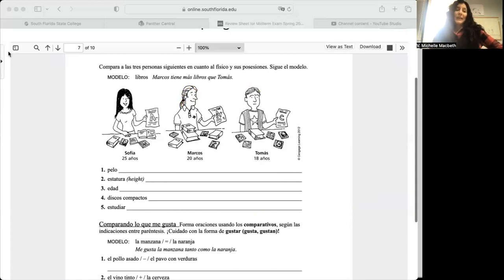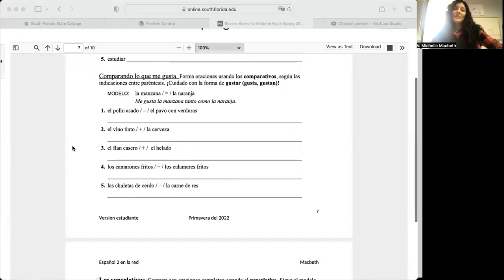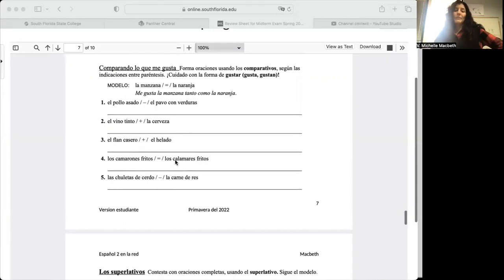Okay, más. So here we're comparing things that we like with either gusta or gustan, no? So we could say, oh, I like this more than that, or just as much, right?